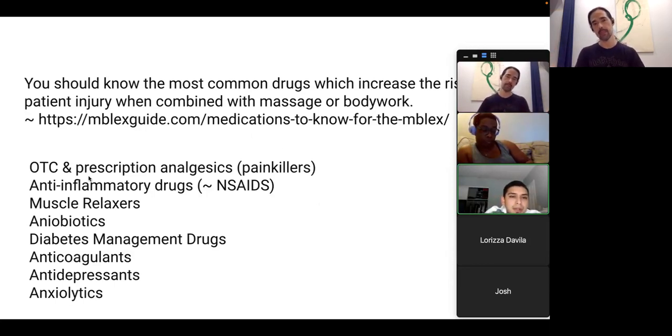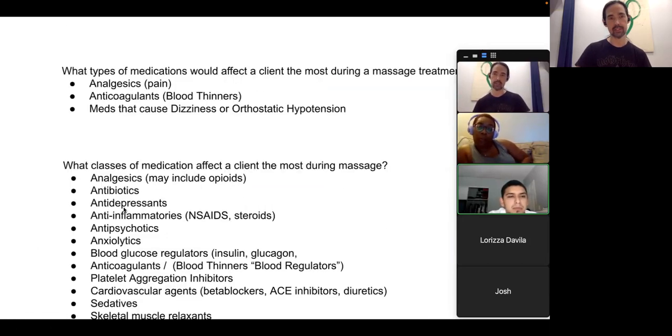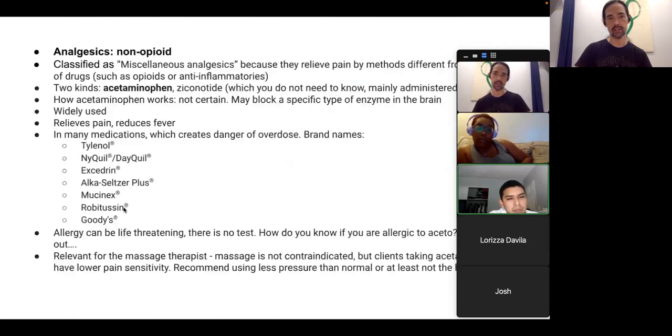Okay, so categories of medications: over the counter, OTC, and prescription analgesics. So A is negative, not, away from, and ANA is negative, not, away from, and gesics is pain, right? So painkillers, or away from pain. Those can be medications like acetaminophen, right, which is known as Tylenol.